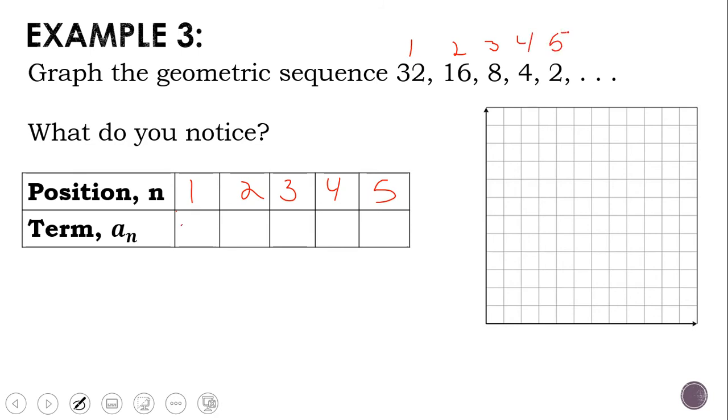So we have 1, 32, 2, 16, 3, 8, 4, 4, and 5, 2. I'm treating these as my x values and these as my y values. I'm going to go up by 4s.